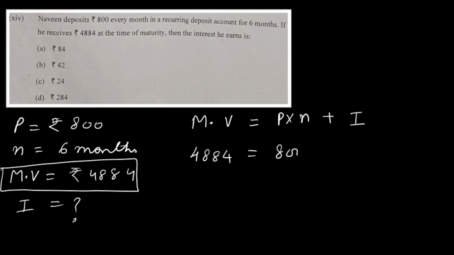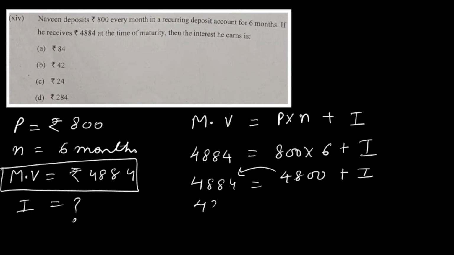P is equal to 800 into N is 6, plus I. So 4,800 plus I is 4,884. So this will shift to this side: 4,884 minus 4,800 is equal to I. So what is the answer? 84. Option A.